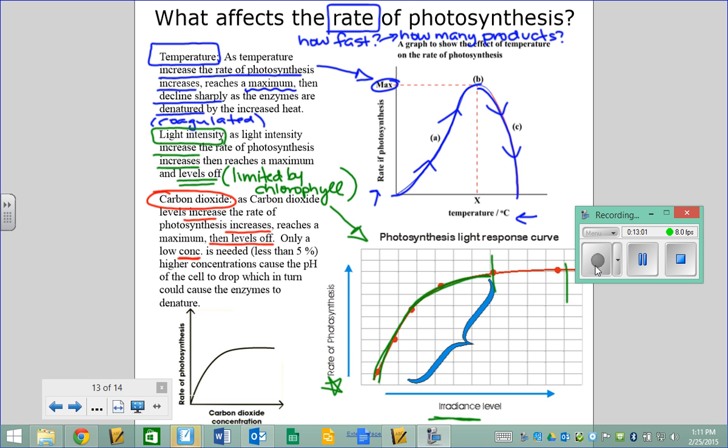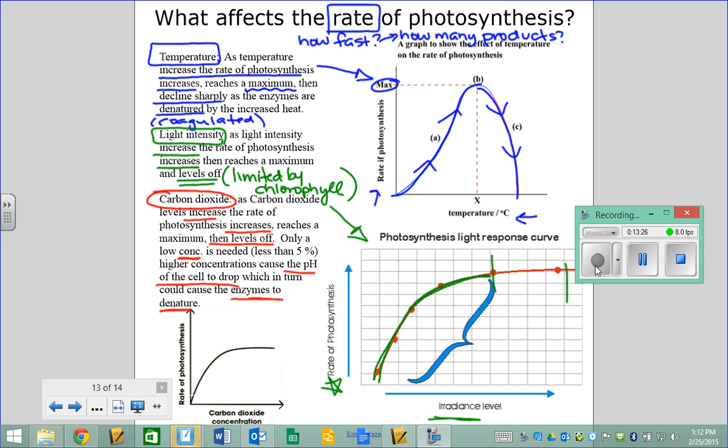And that's because if the concentration got very high, well then pH will drop. Carbon dioxide, when it's dissolved in a solution, can become an acid. That's the basic principle. And so if there's way too much carbon dioxide, this could cause enzymes to denature, just like it did with temperature.